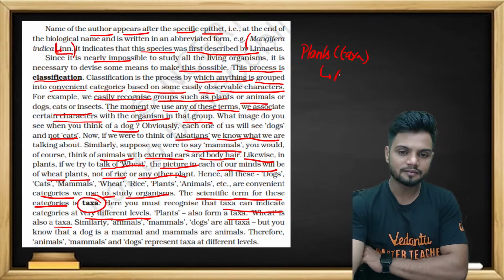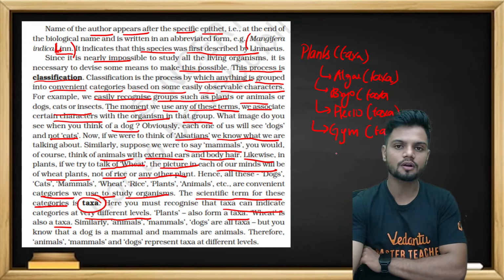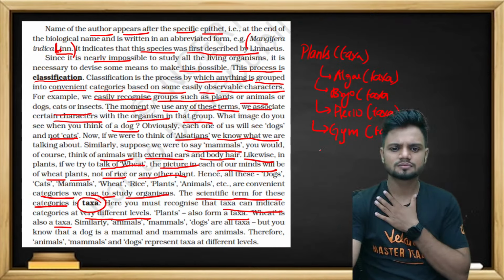Can I tell algae is a group, that is a taxa? Can I tell bryophytes, that also is a taxa? Pteridophytes, that also is a taxa. Gymnosperms, that also is a taxa. It is a group of organisms with similar characters.